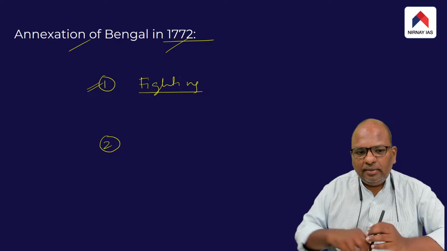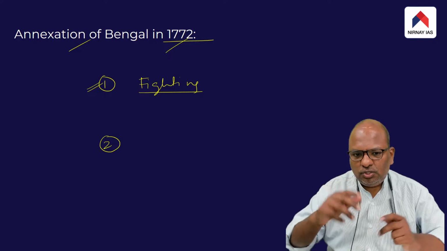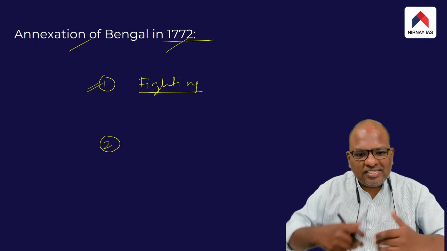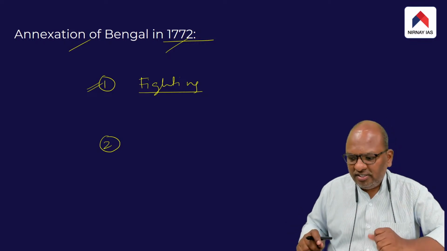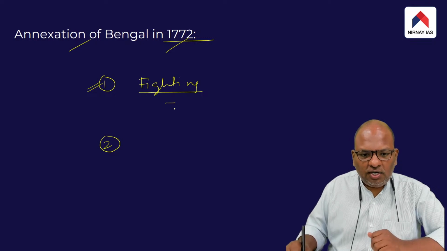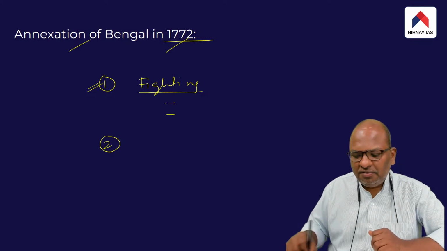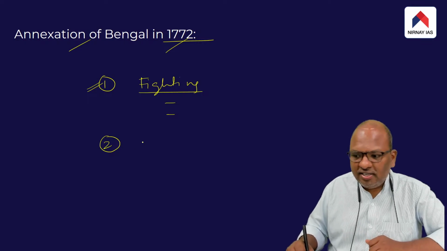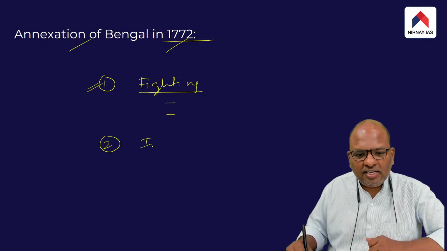So basically the British followed two types of strategies to extend their influence over the Indian territories. One, fighting wars. What we just discussed are examples of the first strategy. Second, the British implemented various imperial schemes.